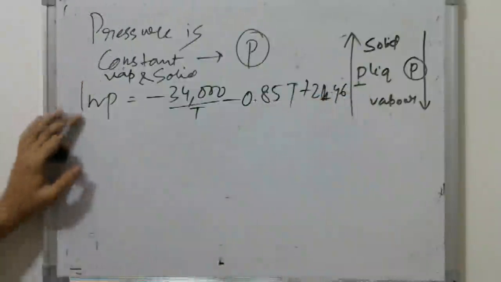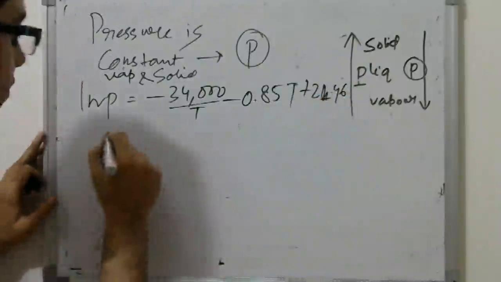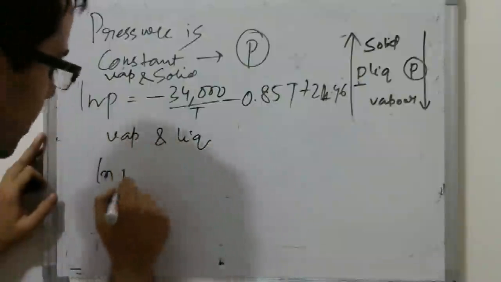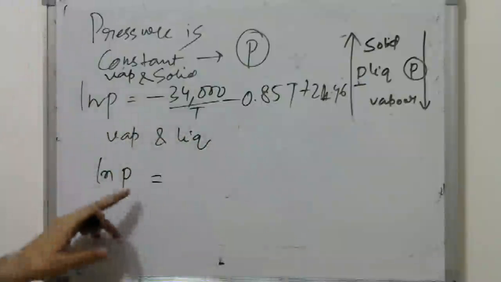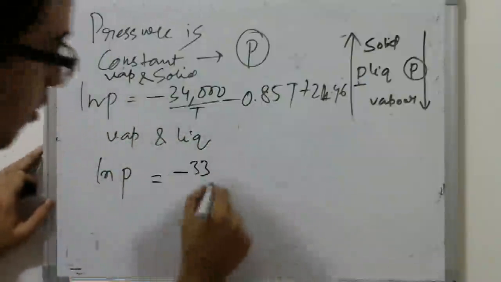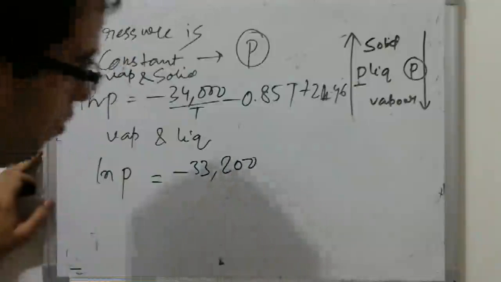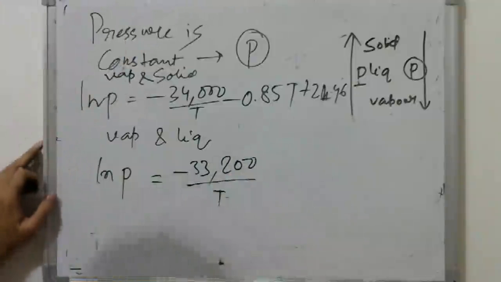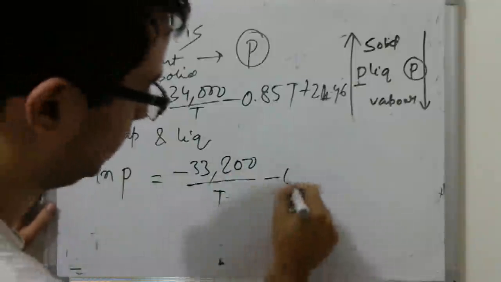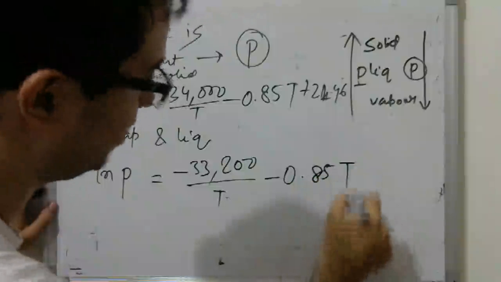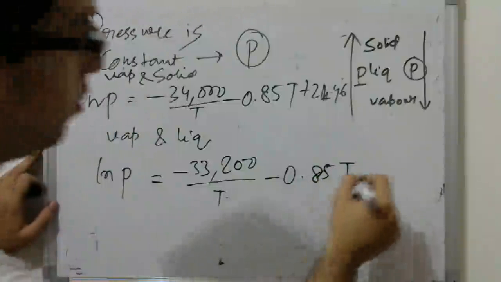And for vapor and liquid, I have ln P is equal to -3300 by T minus 0.85 T plus 20.31.